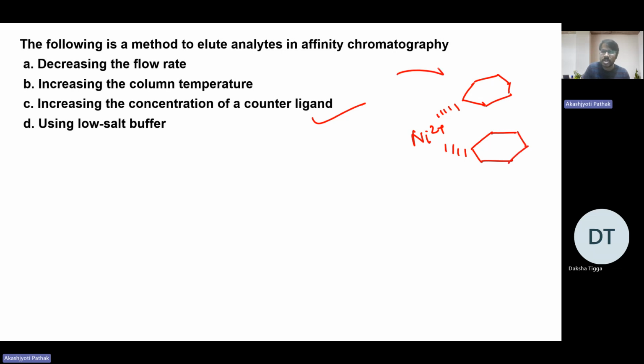But when you increase the concentration of free imidazole, then your nickel will form bonds with the free imidazole, because these are non-covalent interactions, isn't it? If the free imidazole is in higher concentration, nickel will start forming bonds with the free imidazole rather than with the histidine tagged protein molecule.